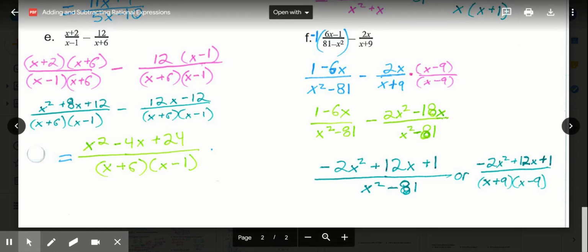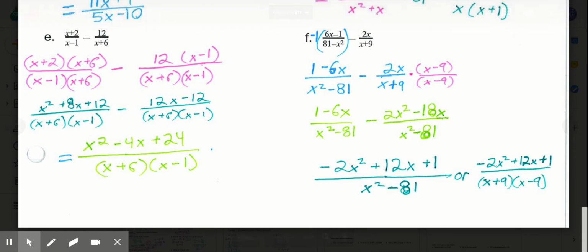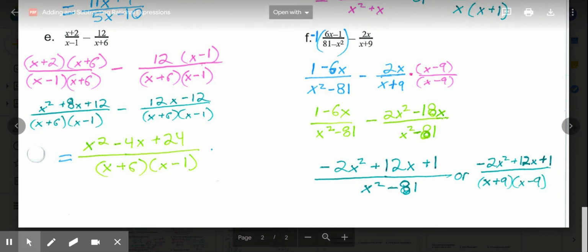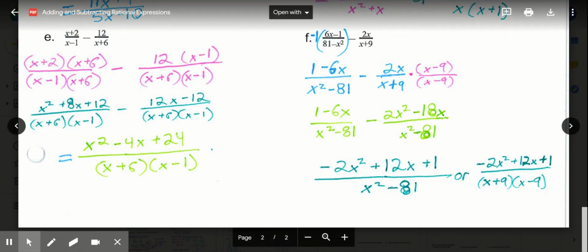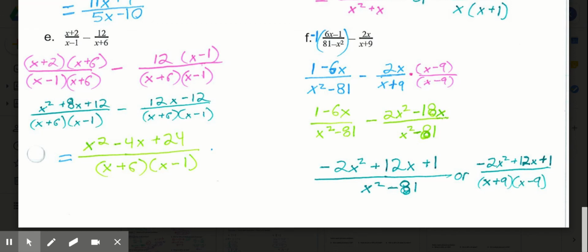Now, my common denominator is easier to get because x plus 9 times x minus 9 gives me x squared minus 81. So for a common denominator, I need to multiply the right by x minus 9. So then we end up with 1 minus 6x over x squared minus 81 minus 2x squared minus 18x over x squared minus 81.